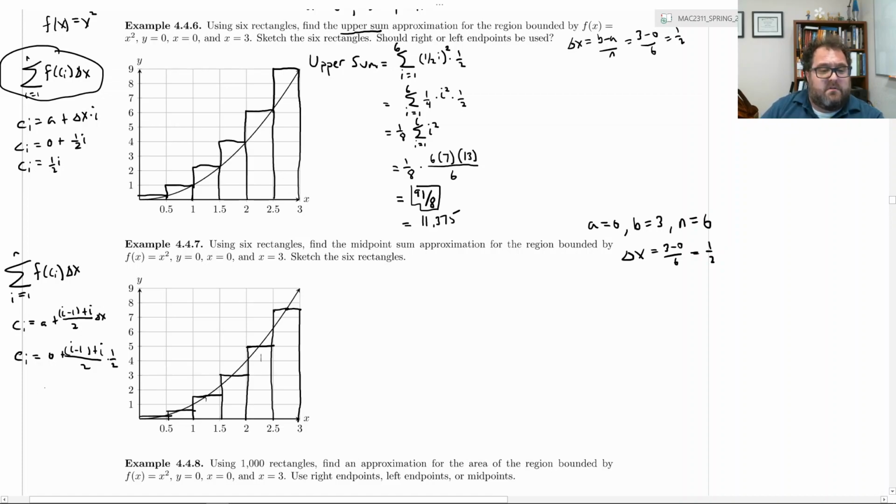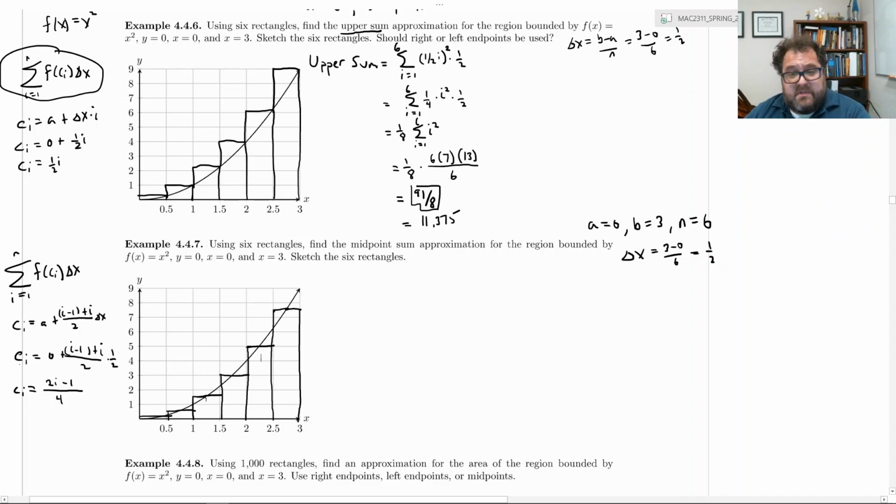I can clean that up just a little bit. If we collect like terms in the numerator, that's going to be 2i minus 1 over 2 times 1/2, that's over 4. So c sub i simplifies to 2i minus 1 over 4.